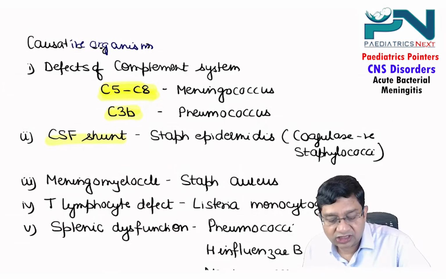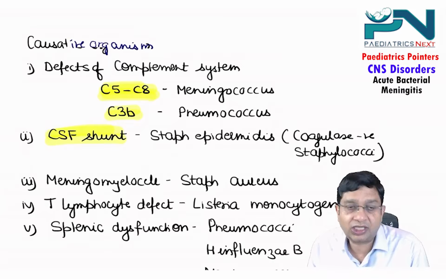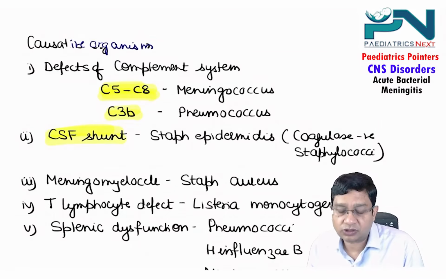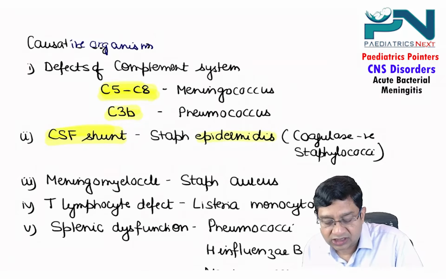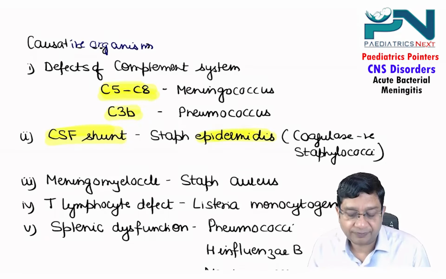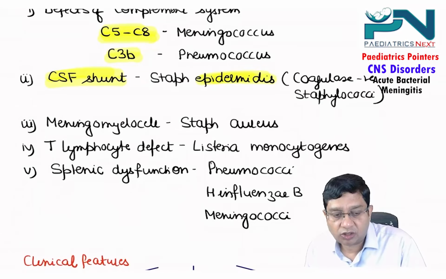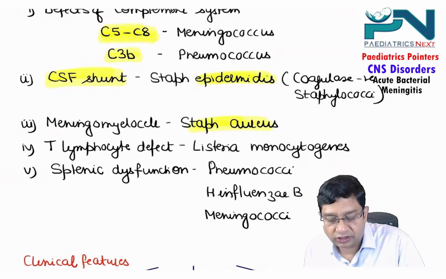If it is a CSF shunt which is causing meningitis, it is a prosthetic material, and whenever there is a prosthetic material, the answer is Staph epidermidis, coagulase negative staphylococci. In meningomyelocele, if there is meningitis, the cause is basically Staph aureus.